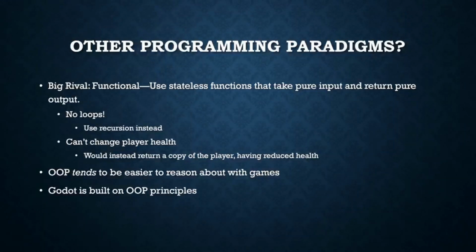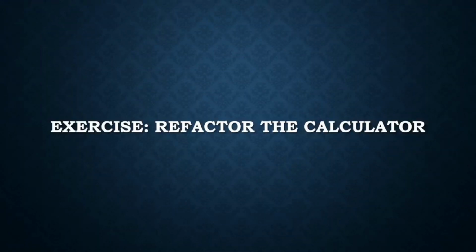So it can be done in games, but it's typically not. Object-oriented programming tends to be easier to reason about and implement with games. And Godot, which is the engine I'm going to be discussing, is really built on object-oriented principles, which is why we're talking about it. So now I'm going to pull up the calculator that we did, and we're going to refactor it from procedural to be instead object-oriented.